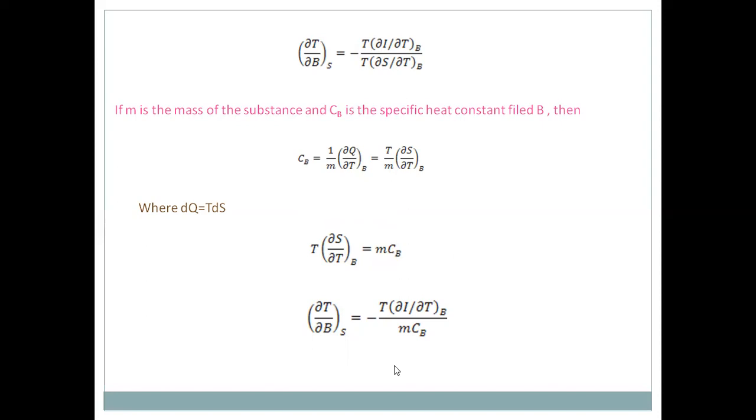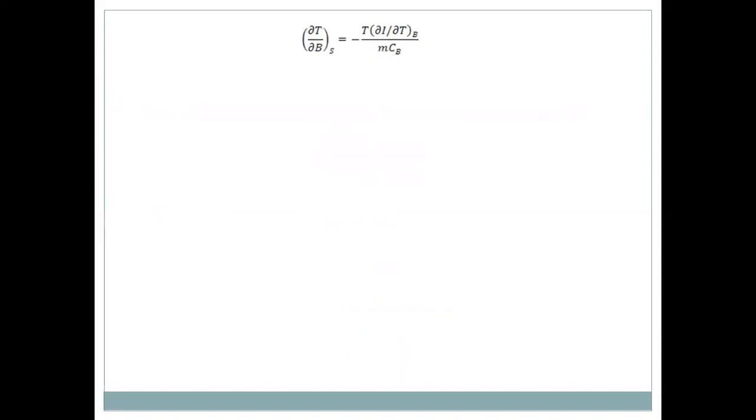So that ∂T by ∂B at S is equal to minus T into ∂I by ∂T at B by mC_B. From this, that is, ∂T is equal to minus T by mC_B into ∂I by ∂T at B, into ∂B.